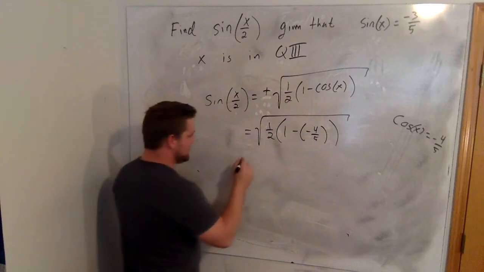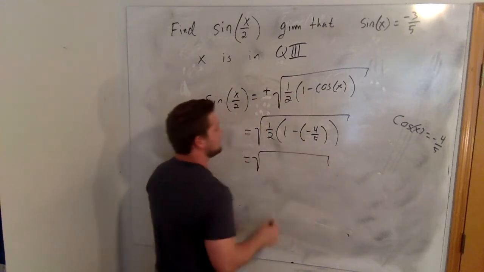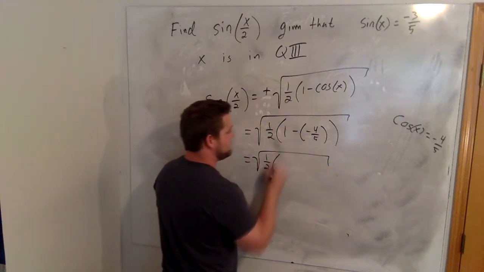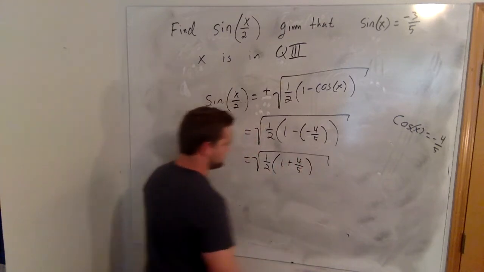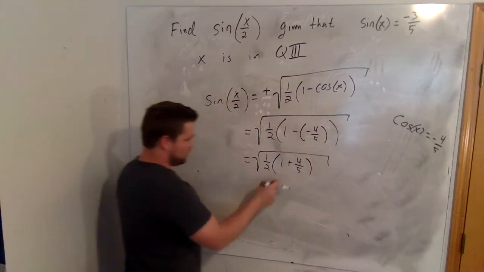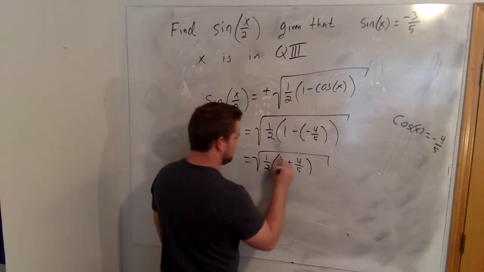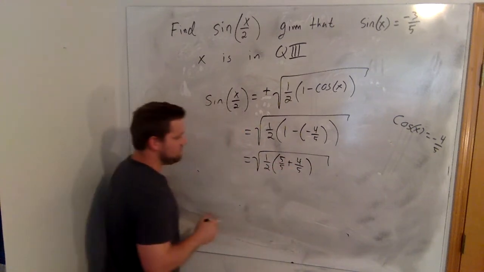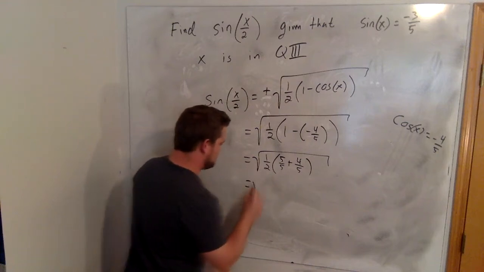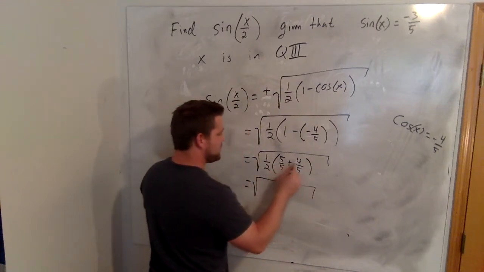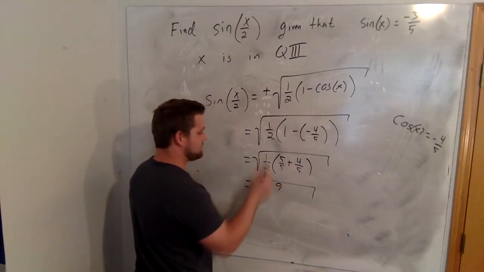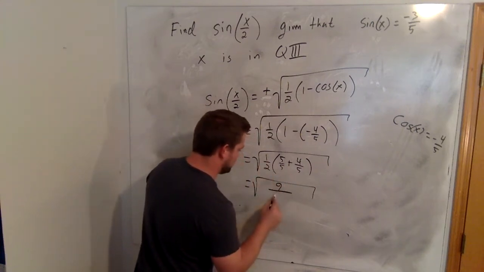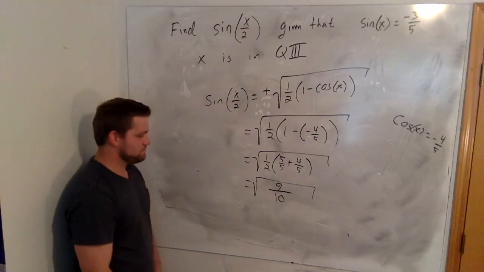Okay, let's clean this up. This will be the square root of 1/2 times (1 plus 4/5). How about instead of a 1, we write that 1 as 5 over 5. So we'll get the square root of 5 plus 4, that's 9/5, but I'm taking 9/5 and multiplying it by a half, so that'll be 9/10.